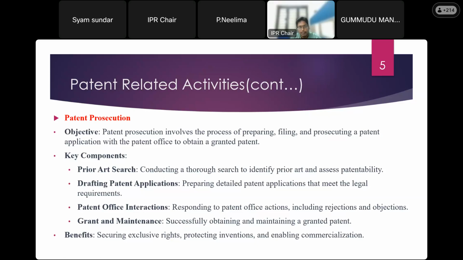If anybody in the university has come up with an invention, they can directly come to our office and they can file. We will facilitate how to file and all. We will take care of all the procedure, but we will forward it to the concerned law firm if your invention has patentability potential.